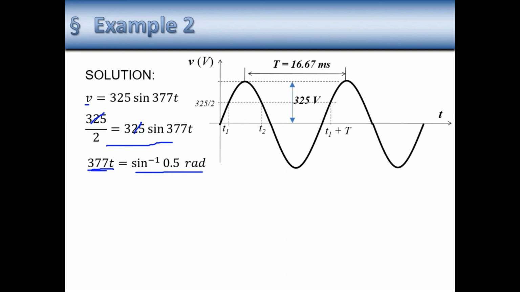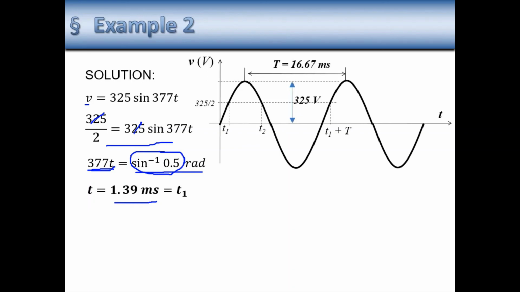Now take note that this one is in radians because omega is in radians per second. 377 radians per second, and if you multiply that by a second, you will get radians. So in getting this, it has to be expressed in radians. Doing that, we will get t sub 1 equals 3.39 milliseconds.